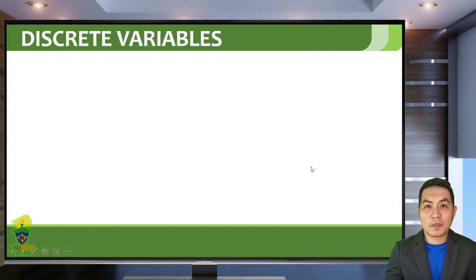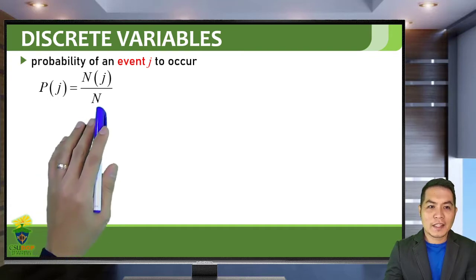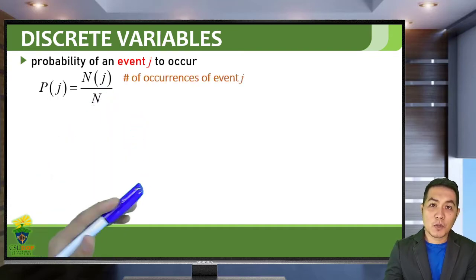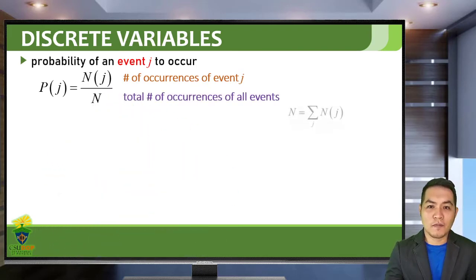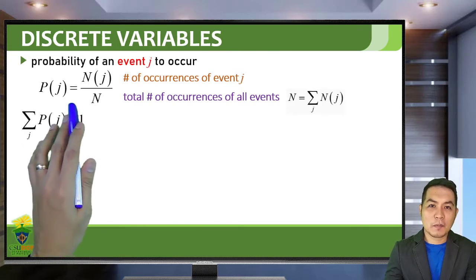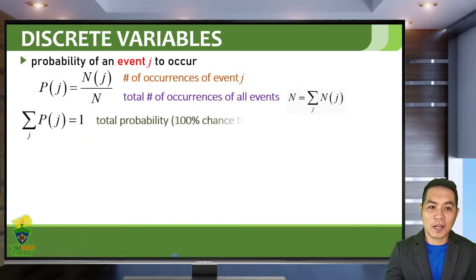Let's first start with discrete variables. If you have a discrete variable j representing an event, the probability of an event j to occur is given by this equation. Here n sub j is just the number of occurrences of event j, and n is the total number of occurrences of all events. Of course, if you add the probabilities of all of the events, you should get 1 or 100%.